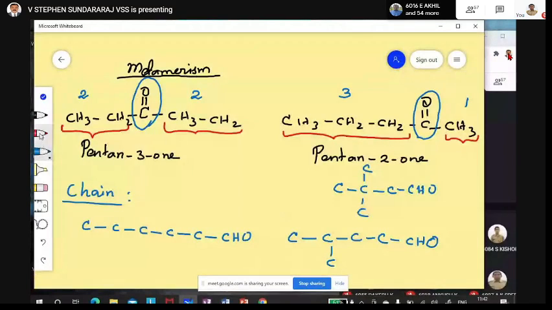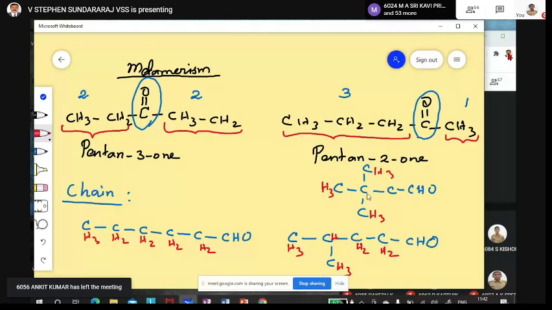Now we fill up the hydrogen: CH3, CH2, CH2, CH2, CH2. This is CH3, all terminal CH3, here H, here H2, here H2.